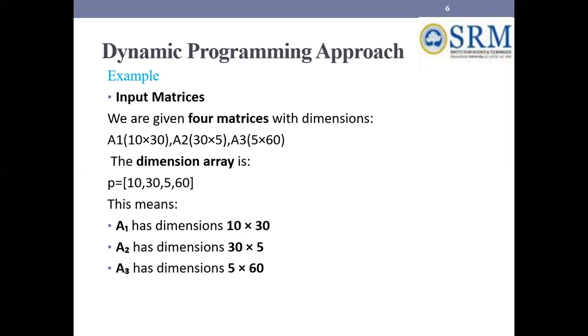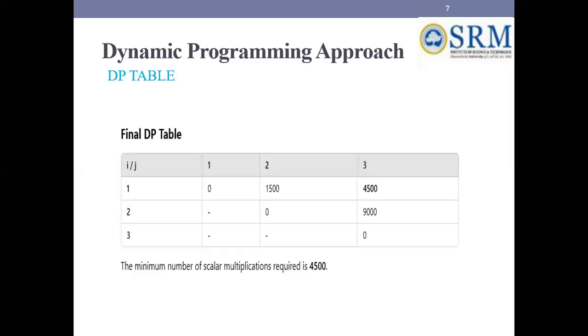So from the given matrices, we are generating the dimension array called P. And dynamic programming table, T of i comma j. So we are having 3 matrices. So 1 comma 2 comma 3. Here 1 comma 2 comma 3 is the size of the table. We are going to find number of multiplications required.